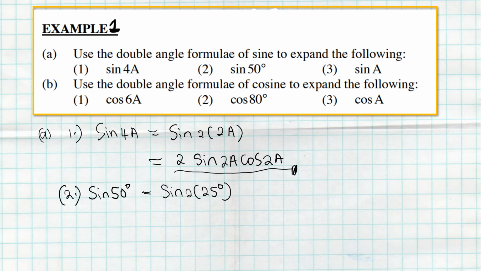We know that 25 degrees times 2 is 50. Then we can express it by multiplying by 2 sine, and dividing the angle by 2. So 50 divided by 2 will be 25. It will be 2 sine 25 degrees multiplied by cos 25 degrees when we use the double angle formula.